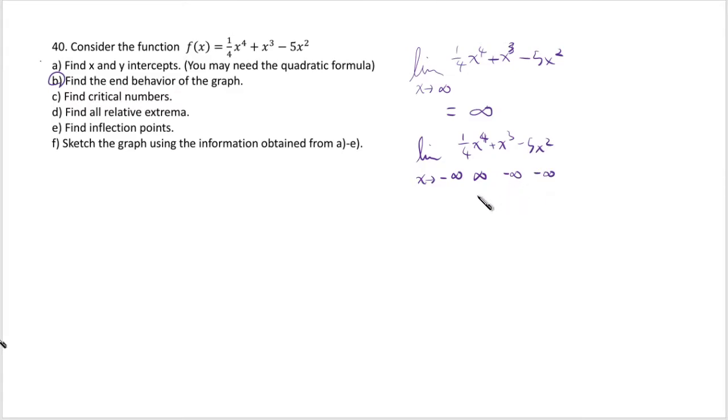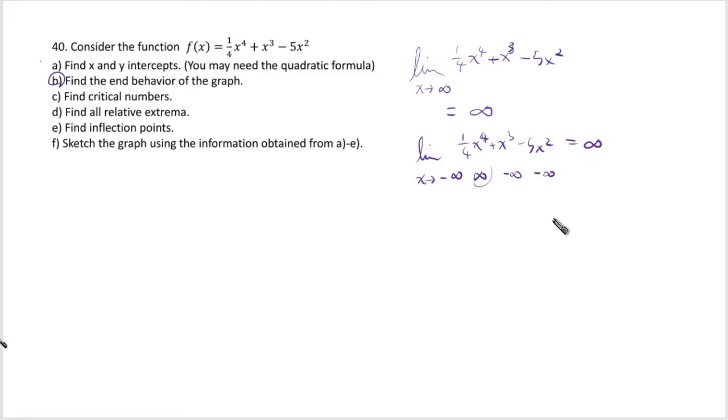So you have this going to infinity, whereas the other two are going to negative infinity. However, not all infinities are the same. This goes to infinity much faster than the others. Like I said, when x is 1,000, this is in the millions, that's in the billions, this is in the trillions. So this becomes much, much bigger as x goes to negative infinity. Therefore, this overpowers the other ones and you get infinity.